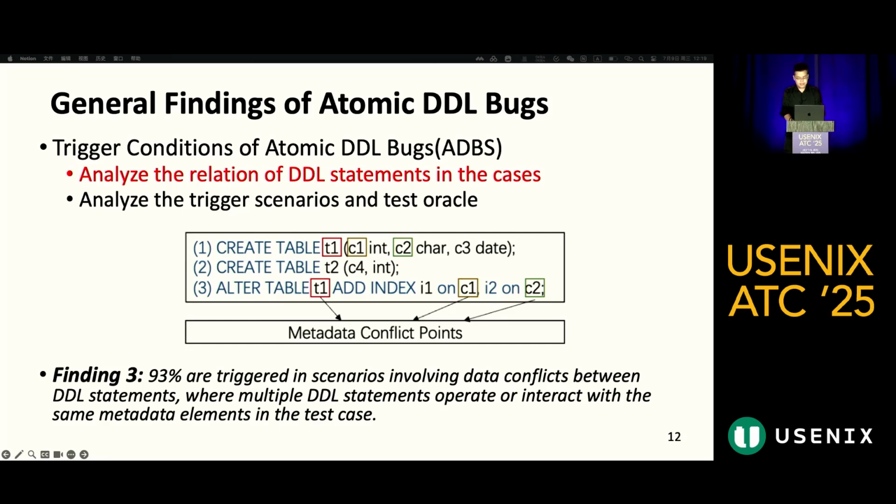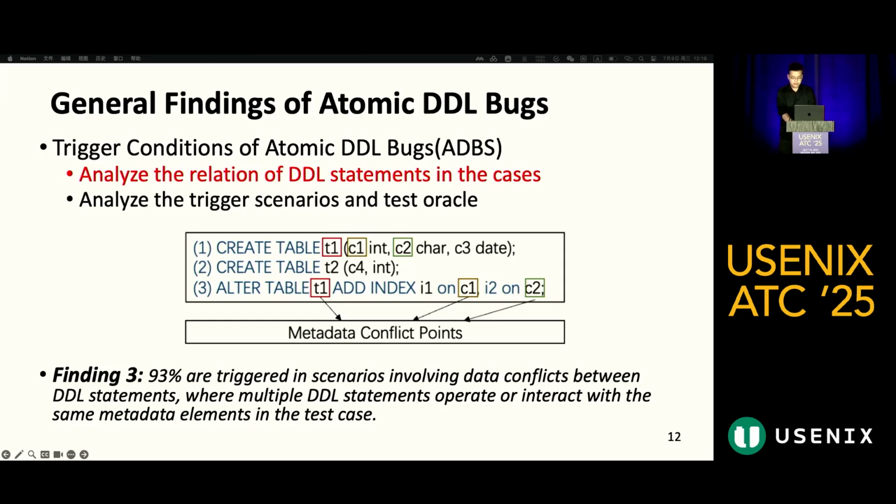Here we give an example of metadata conflict points. We define metadata conflict points as the specific locations in the test case where multiple DDL statements operate on or interact with the same metadata elements, such as a table, a column, an index, or a constraint.